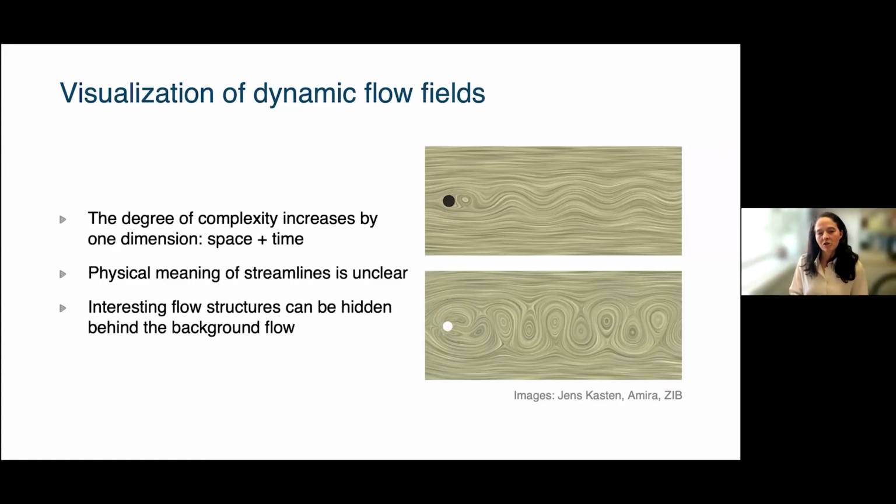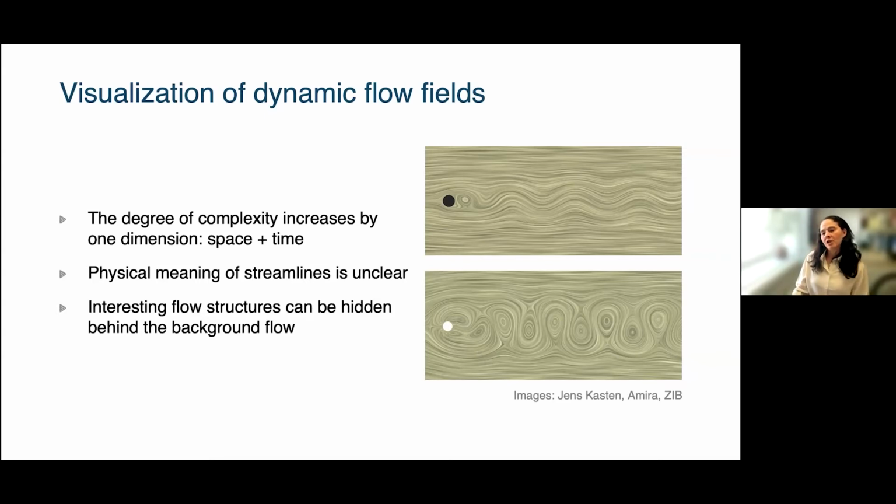It's also so that some of the things that we saw before, like streamlines, do not have a real physical meaning anymore. It's not really clear what they are supposed to tell you. They are not representing the real movement of particles. They will just give you a very flat snapshot of a specific moment in time.